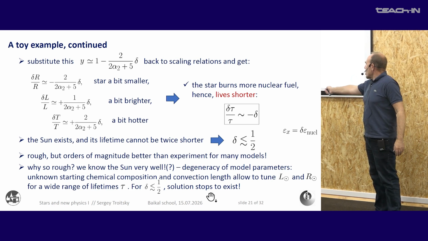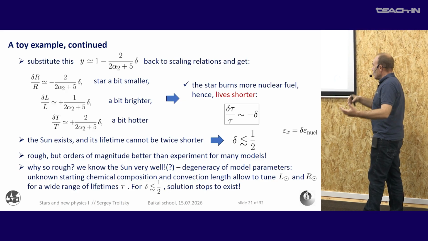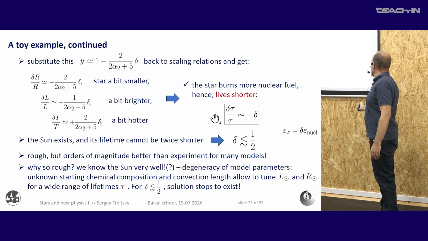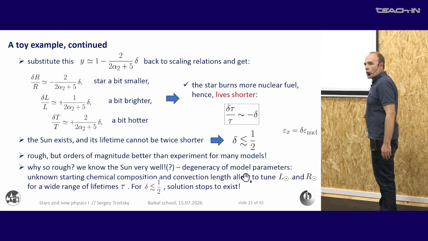Okay, so we need one parameter there, and starting chemical composition, essentially how much gallium and how much hydrogen is there. And we need it to tune observable luminosity and the mass or radius of the sun.